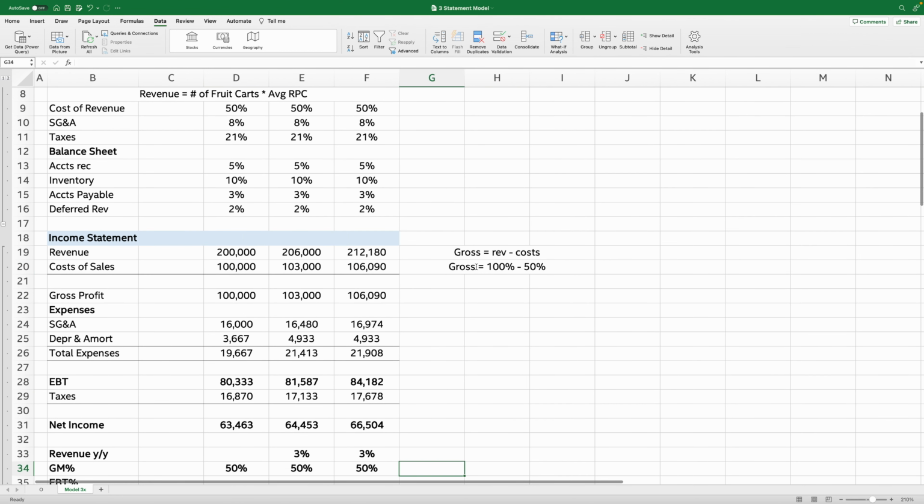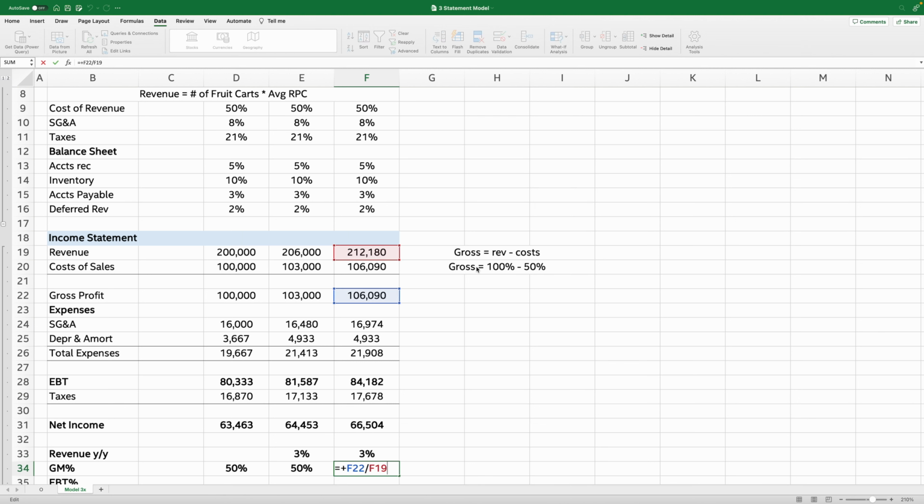If it's 100% minus 60%, then this should drop 40%. What this means is that this 50% margin means that after we pay for our cost of sales, the cost for us to sell this fruit, we keep 50 cents of every dollar. We have 50 cents on the dollar.